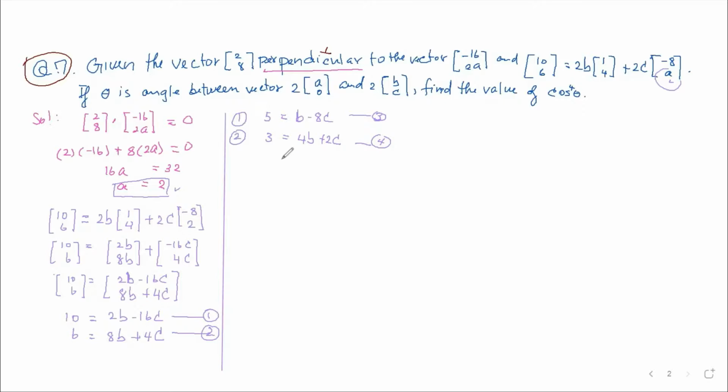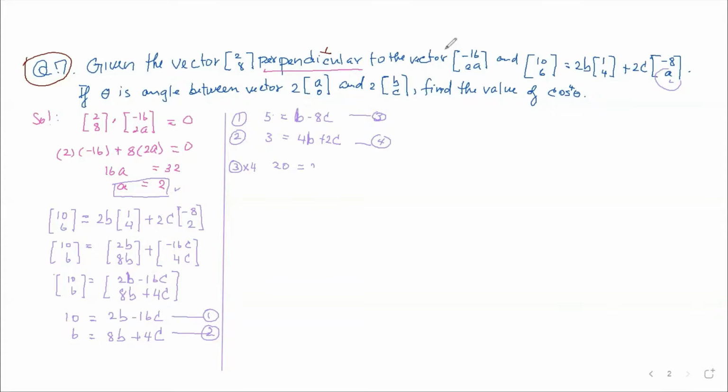We use the simultaneous equation, right? So we can eliminate this b, this one b, this b also. So we eliminate b first, easier by times 4, right? So equation 3 times 4. So 4 times 5 becomes 20, right? Oh, I'm wrong here.